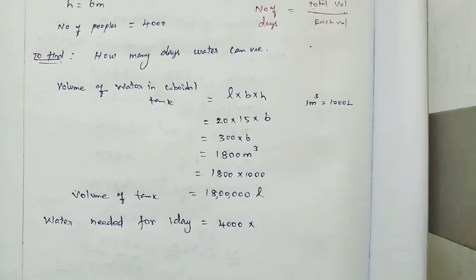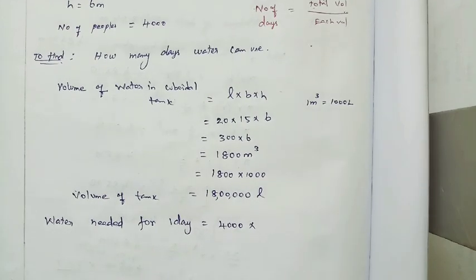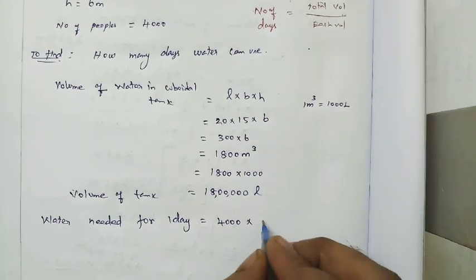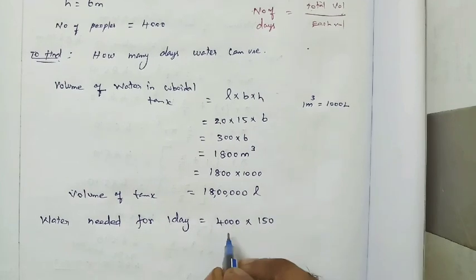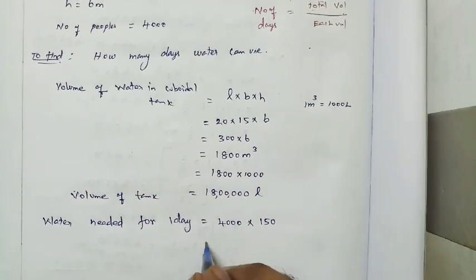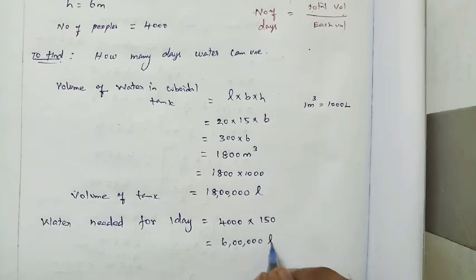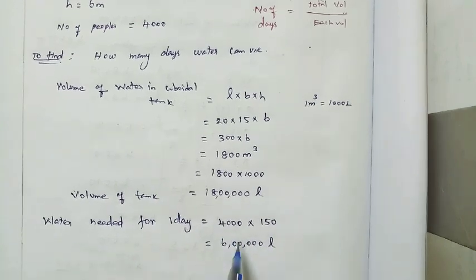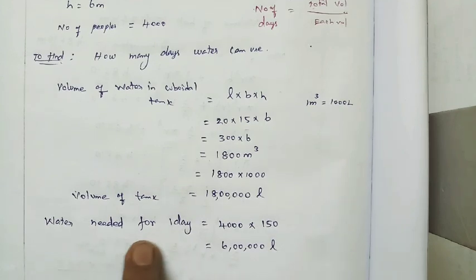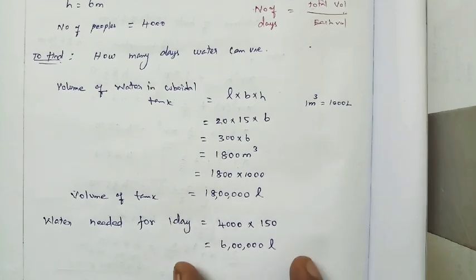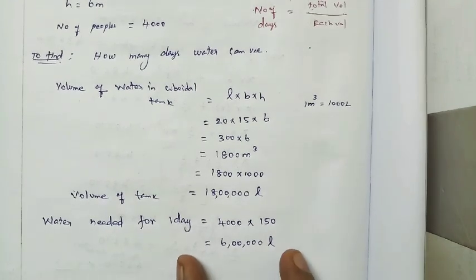And how many liters are needed for one person for 1 day? It's 150 liters. So 4,000 into 150 is 6 lakhs. 6 lakh liters are needed for the whole village for 1 day.